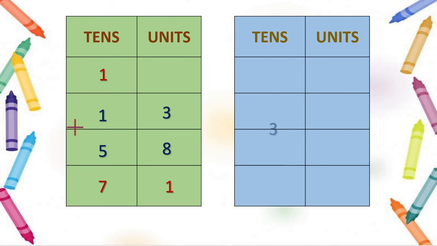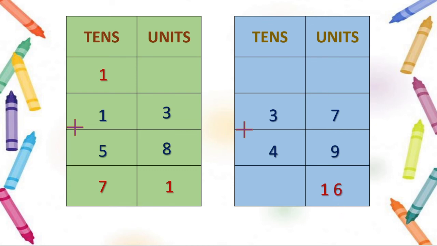Next one. 3 tens, 7 units plus 4 tens, 9 units. Yes, again keep 9 in your mind and take 7 fingers on your hand. Okay. What is the answer? Got? Yes. Very good. 16. 1, 6.